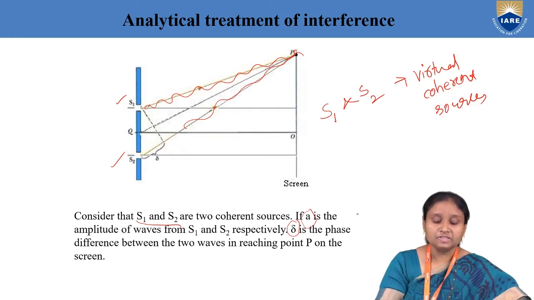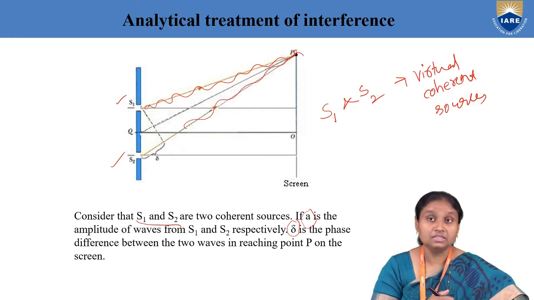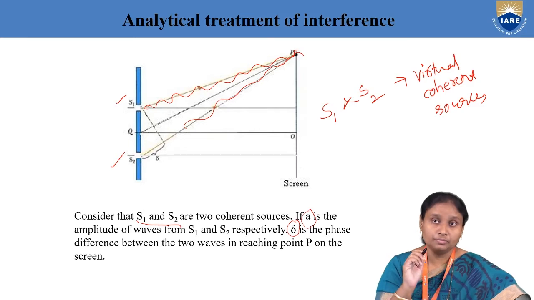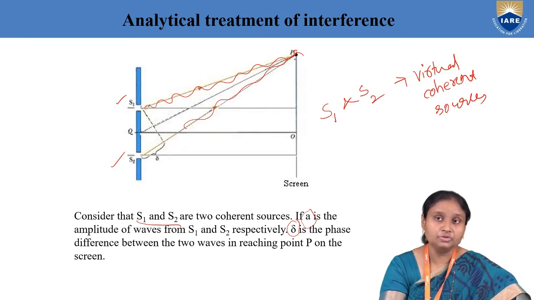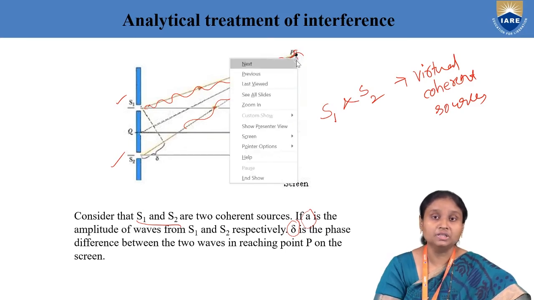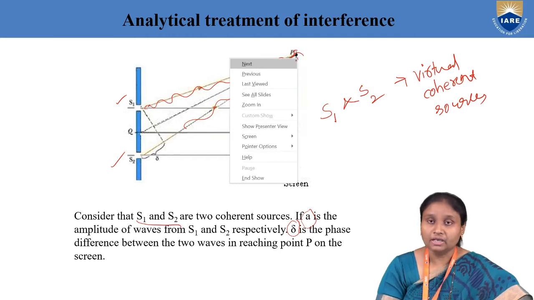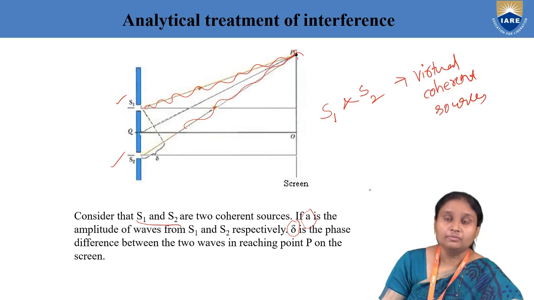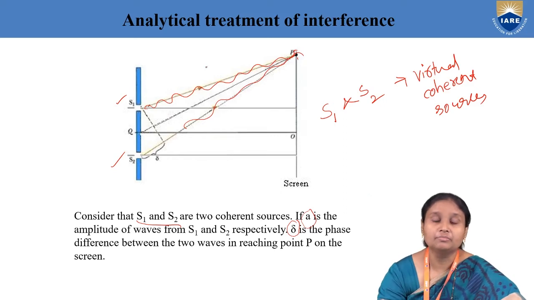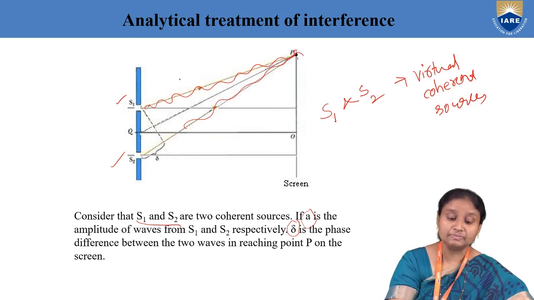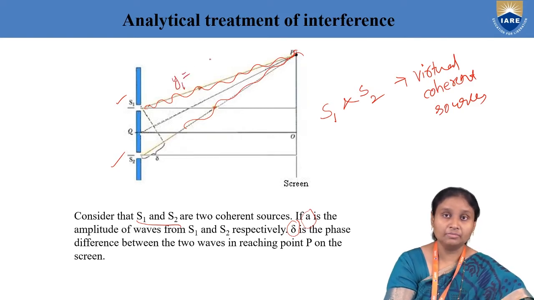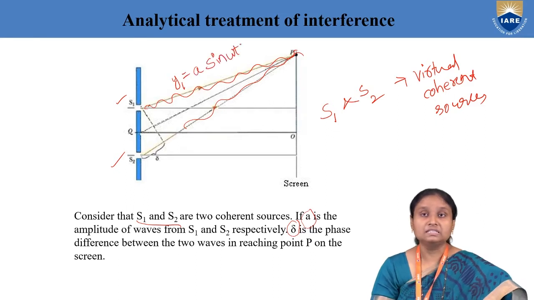Now we have to get conditions in order for the point P to be bright and for point P to be dark. For that, first I will try to define their displacements. The wave which is coming from the source S1, its displacement I am defining as Y1, and I am taking it as A sine omega t.